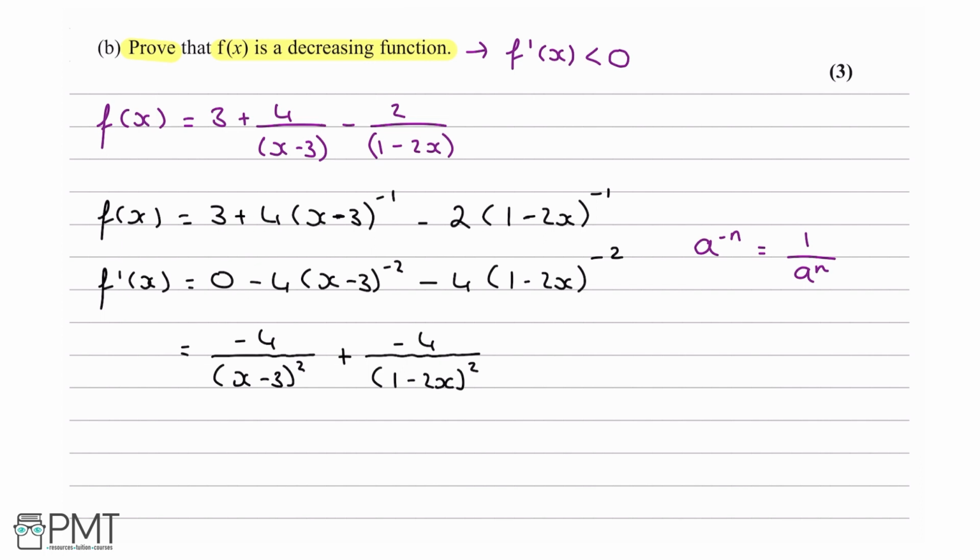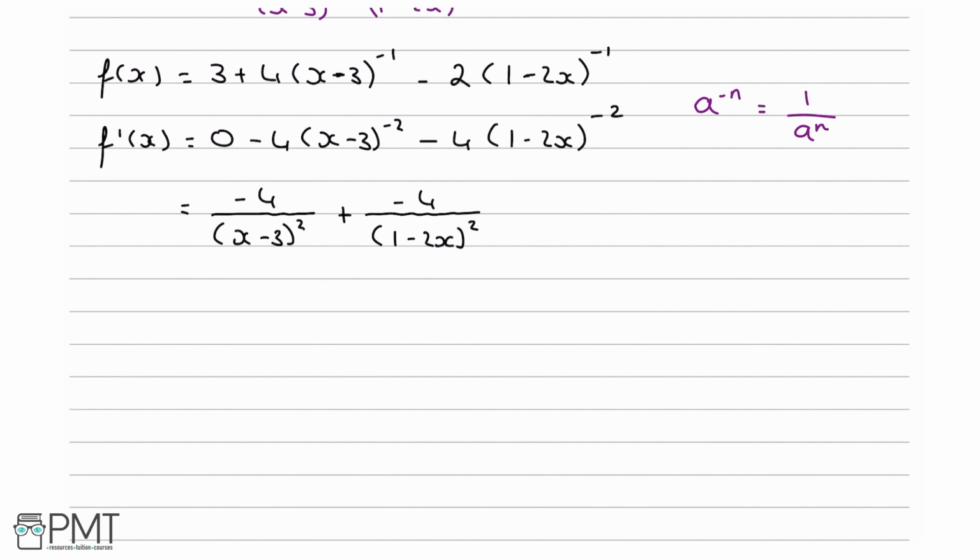Now we know that we are only considering this from when x is greater than 3. So what we need to say is, x minus 3 squared: when you put in 3, you have 3 minus 3, which is 0, so 0 squared is 0. But whenever x is greater than that, whatever the difference is, because we're squaring it, it's always going to be greater than 0.